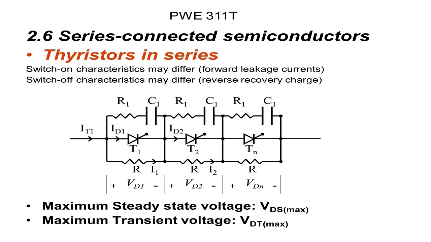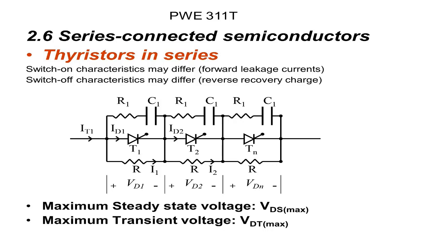Let's assume that they have all their respective snubber resistances. Okay, and then just as shown, to protect also the thyristor from transient voltage.